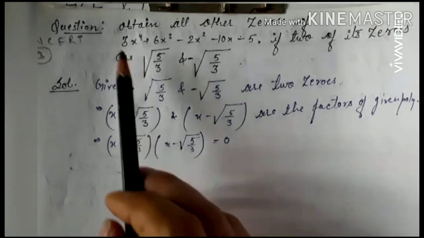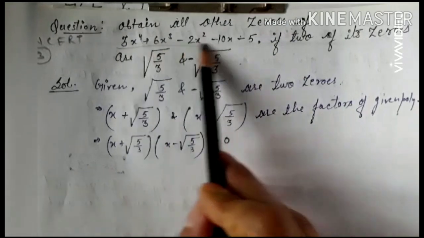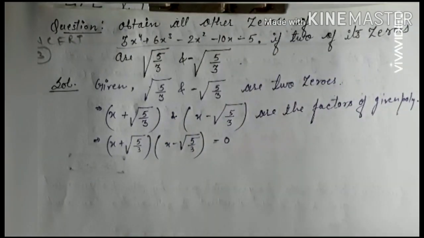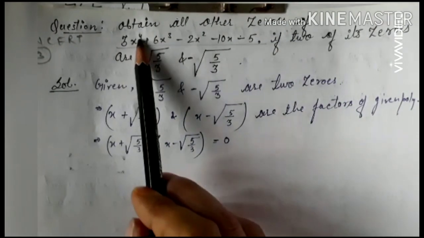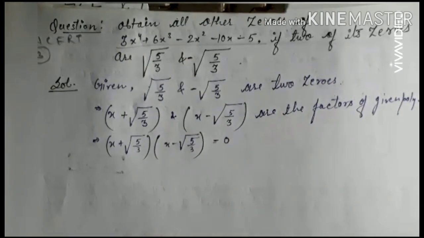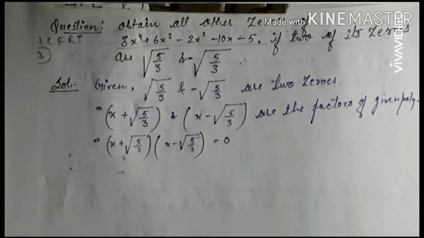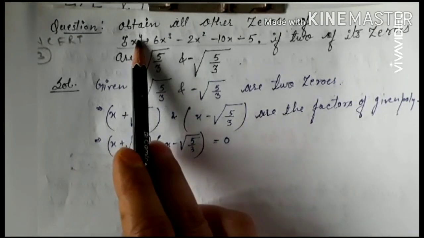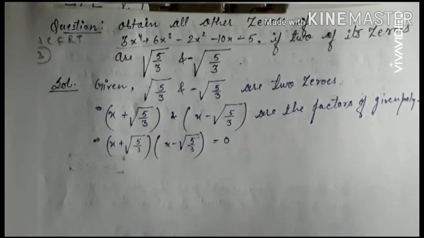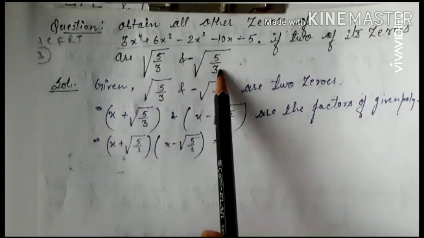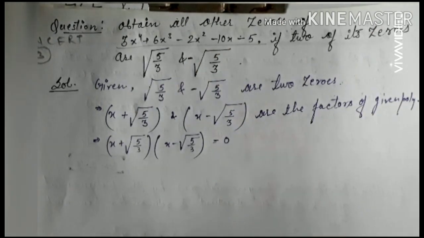Here the degree of this polynomial is 4, because the highest power is 4. So how many zeros does this polynomial have? 4, because the degree is 4. That means it has 4 zeros. Two zeros are given, and another 2 you have to find.